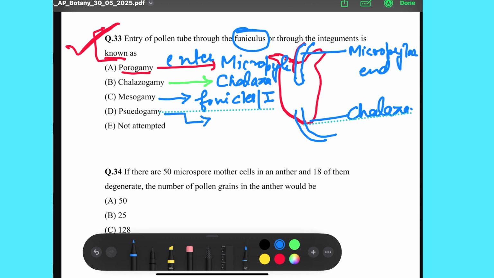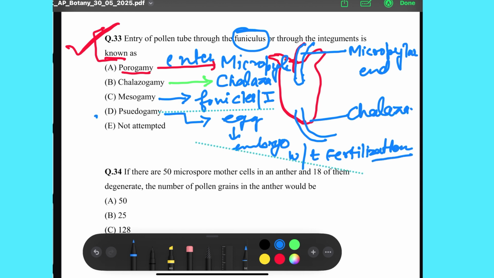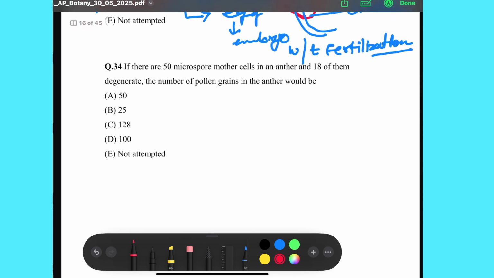Pseudogamy: we will not talk about the pollen tube in pseudogamy, but the egg develops into an embryo without fertilization. Okay, so this is pseudogamy. हमसे पूछा था entry of pollen grain through a funicle, तो answer will be mesogamy. Now move to question number 34.